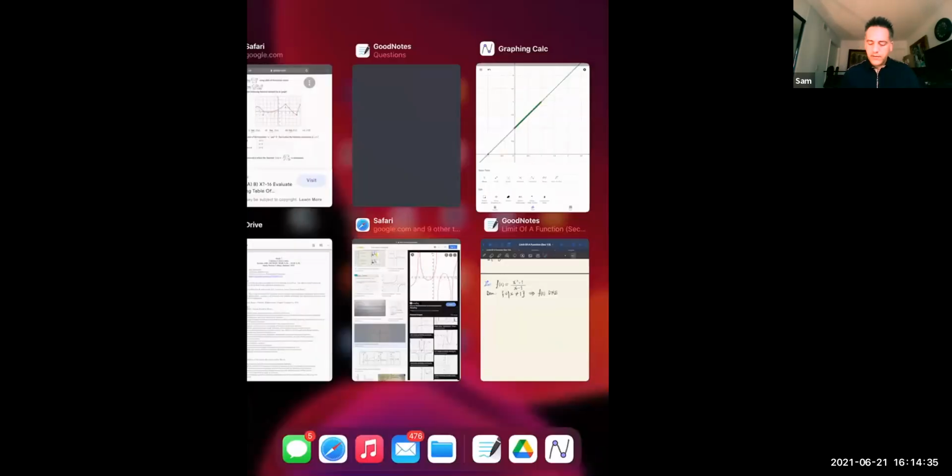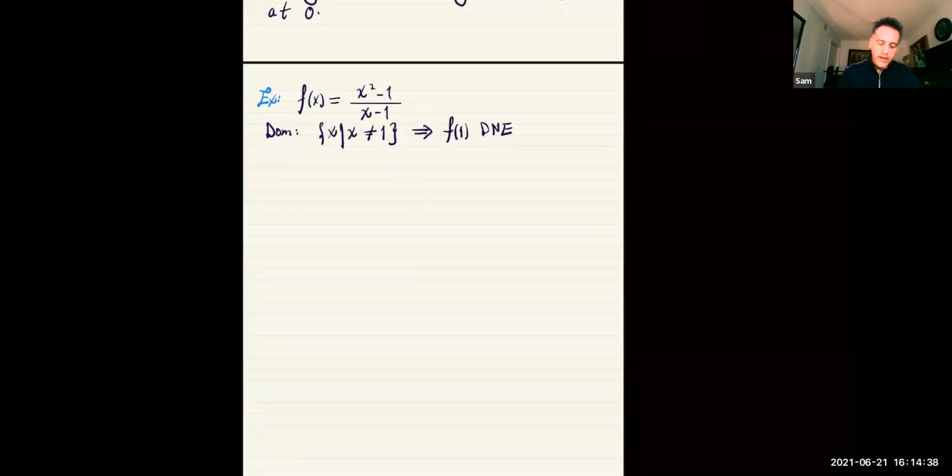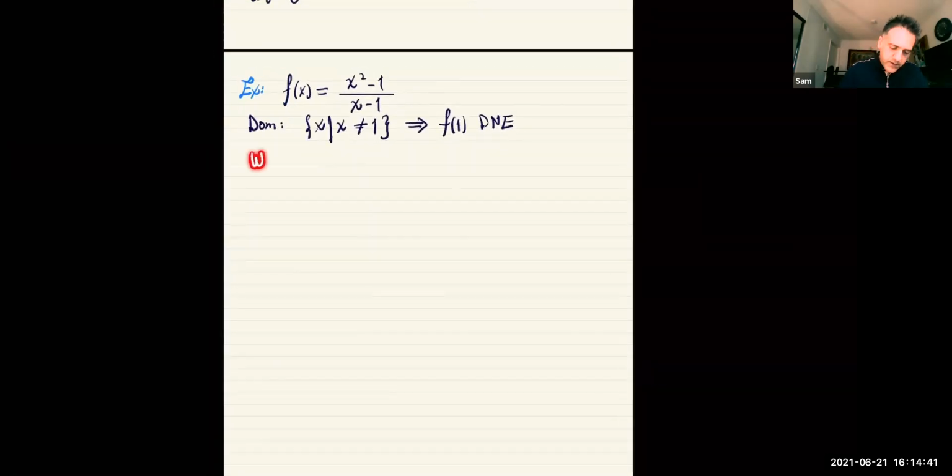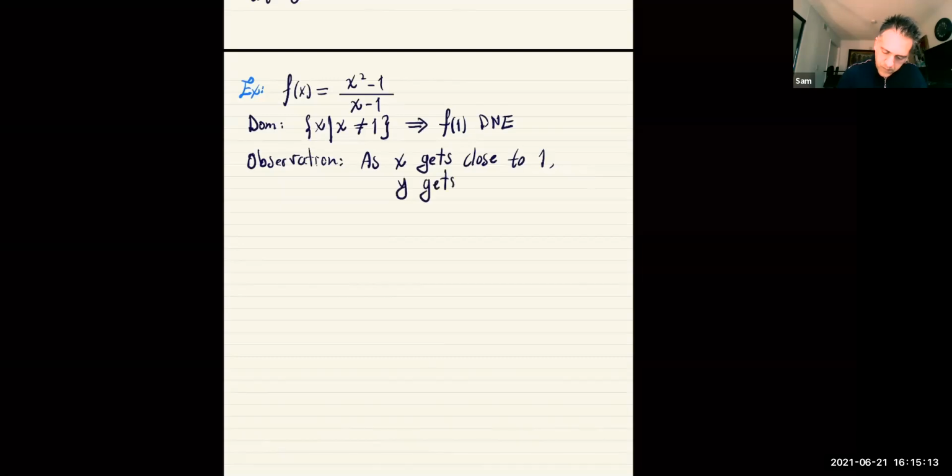But let me write down what we just observed. So here our observation is that as x gets close, or as x approaches 1, y gets close to 2.